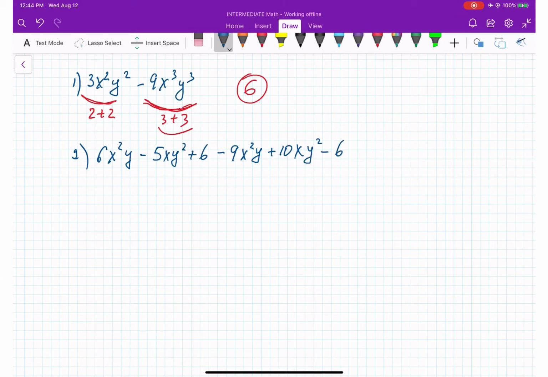I took away parentheses because between 2 parentheses there is addition. So when there is addition between 2 parentheses, you don't need to keep it.